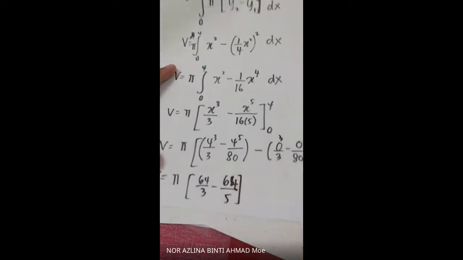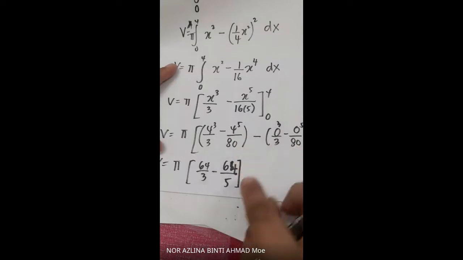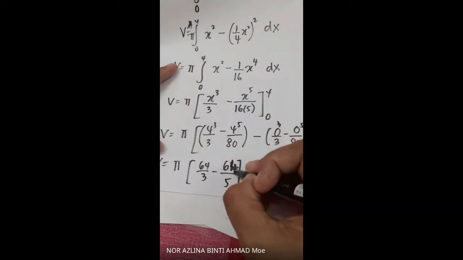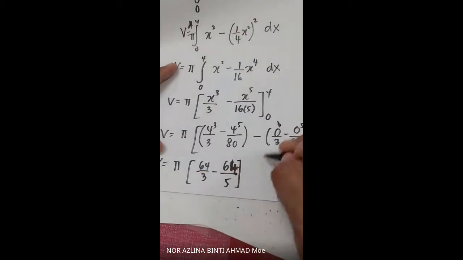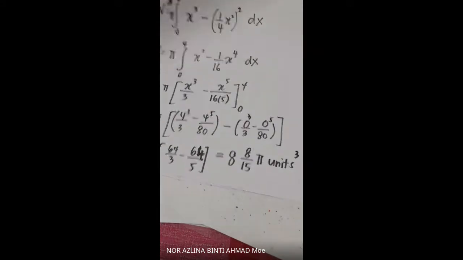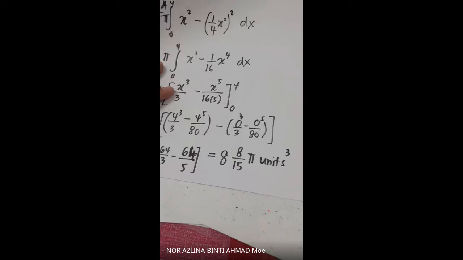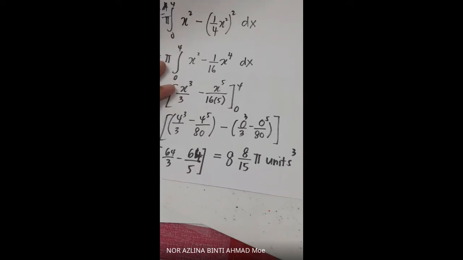So 64 over 3 minus 64 over 5. The final answer is 8 over 15 pi unit cubed, because this is volume.